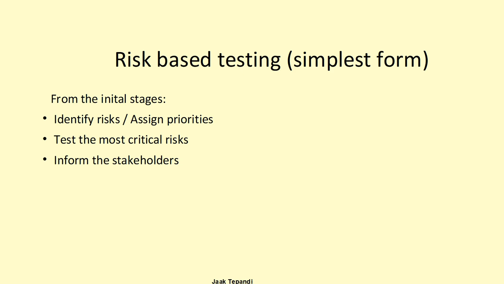A final method in this group is risk-based testing. In its simplest form, it includes risk identification, assigning priorities, testing the most critical risks, and then informing the stakeholders about these risks.